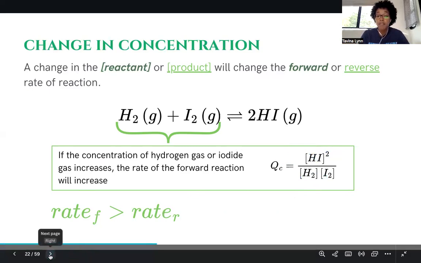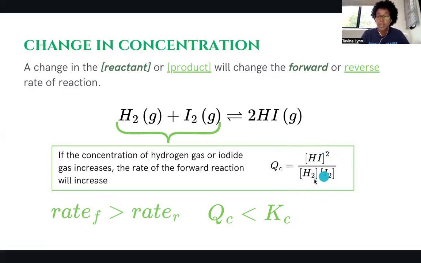If the rate of our forward reaction becomes greater than that of the reverse reaction due to an increase in reactant concentrations, our reaction quotient will be less than K. And this makes sense from a mathematical standpoint: we've increased the number in our denominator because that's where our reactant concentrations are. If we increase the denominator, our Q value will decrease.